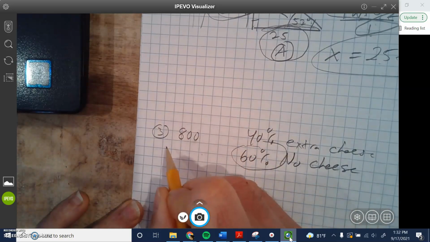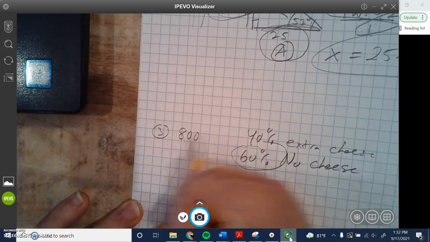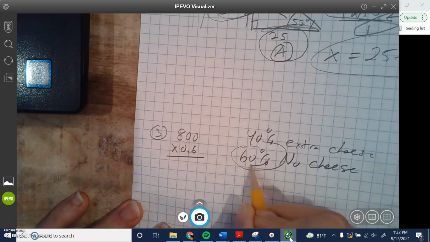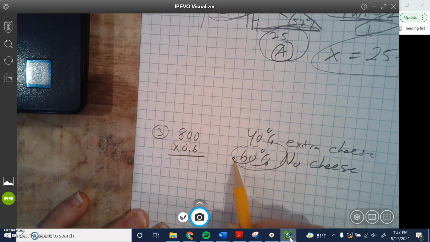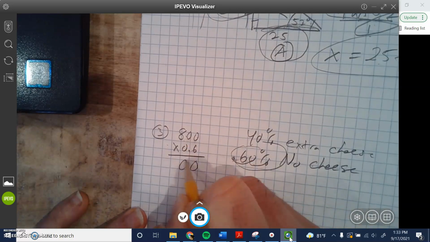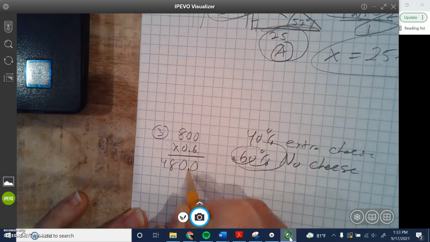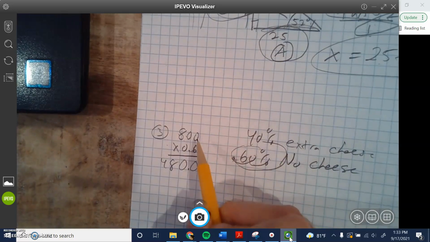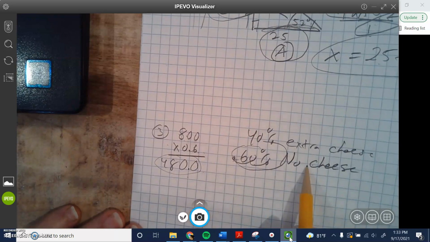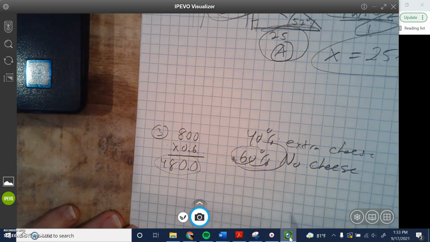So I could multiply by 0.4 and then subtract, but I'm just going to multiply by 0.6 right off the bat. That's 6/10, same as 60%. So that's going to be 48, one decimal place, 480. That makes sense, right? 60% of 800 is 480. So 480 people, no cheese. I multiplied by 60% because if 40% like extra cheese, 60% don't.